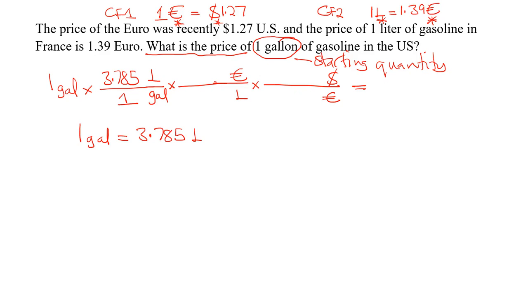For the liter, we have 1 liter here, but we say this liter goes with this euro, 1.39 euros. And the euro, 1 euro goes with $1.27. And then our answer is $6.69.